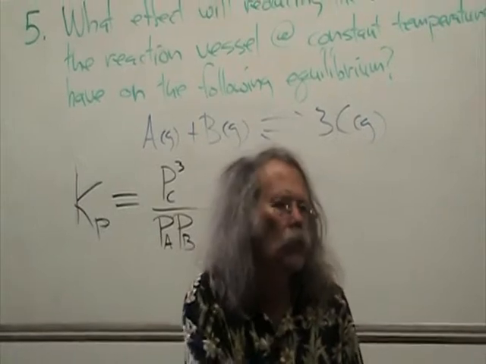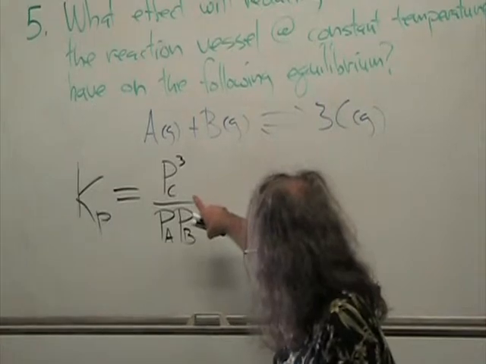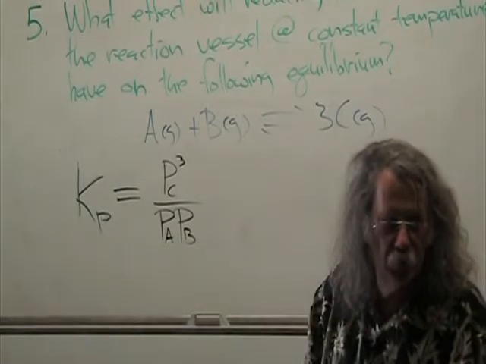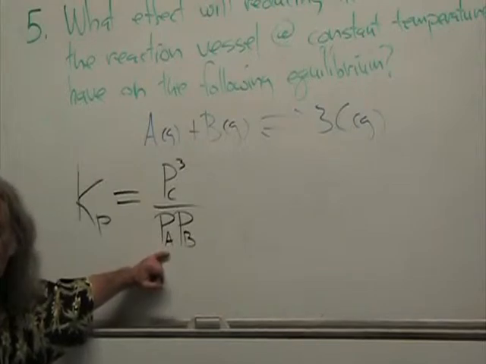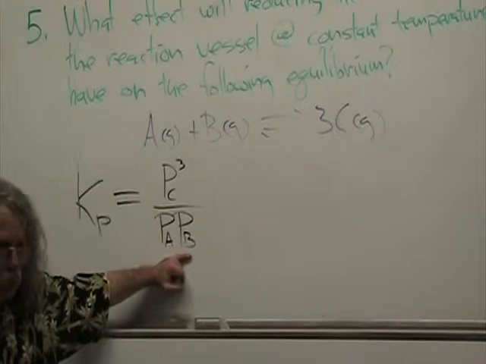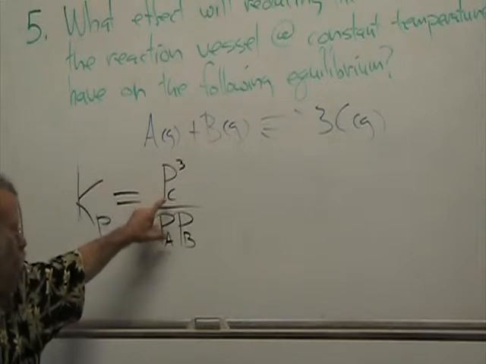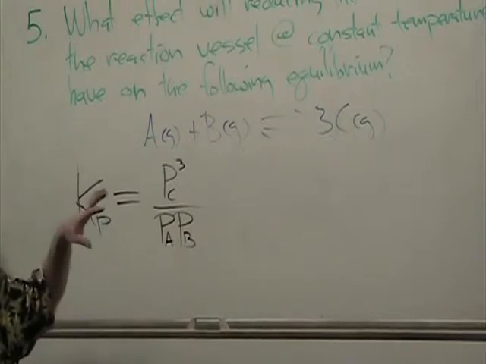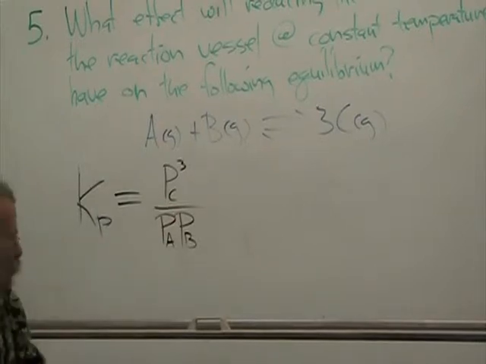If I increase the pressure on the whole container, the pressure of A is going to increase at the same rate as the partial pressure of B, and C. But since the C term in the numerator is cubed, this is going to grow much faster in the mass action law.